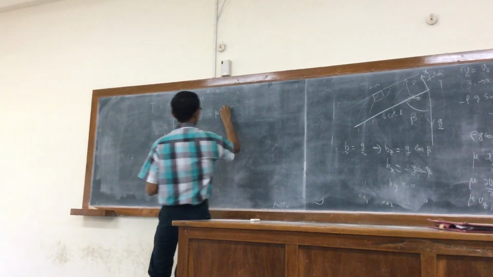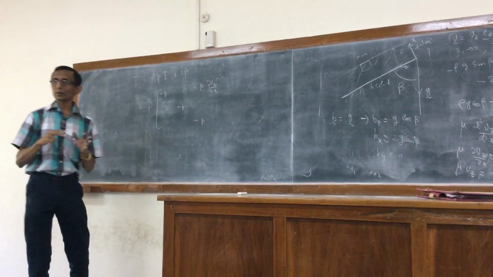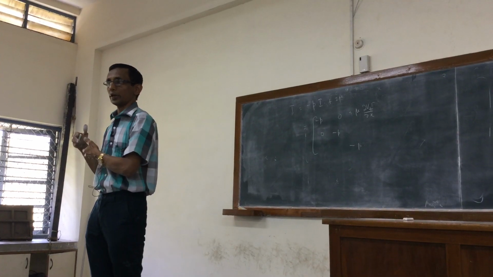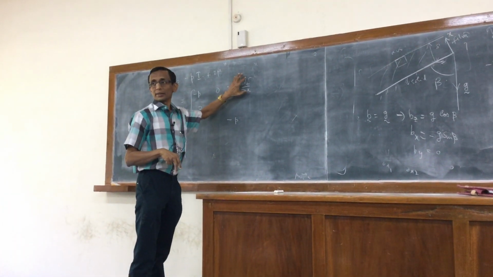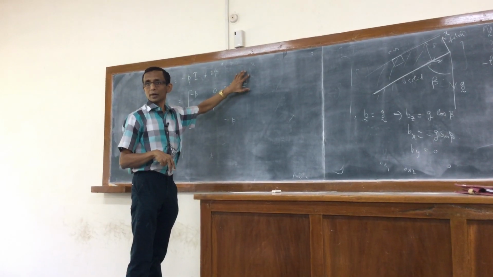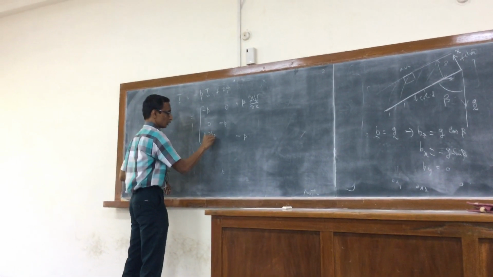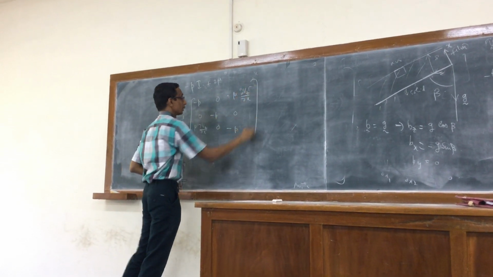So you can clearly see that the common way of writing, for instance, Newton's law of viscosity as tau equal to mu times dvz by dx, it's only one component. It is applicable only for one-dimensional flow.